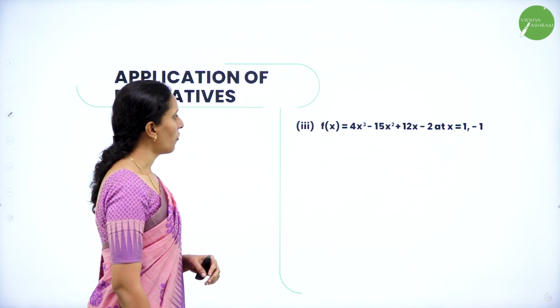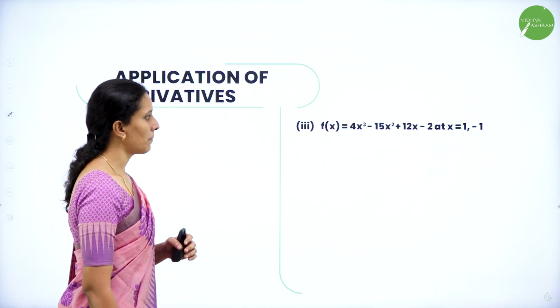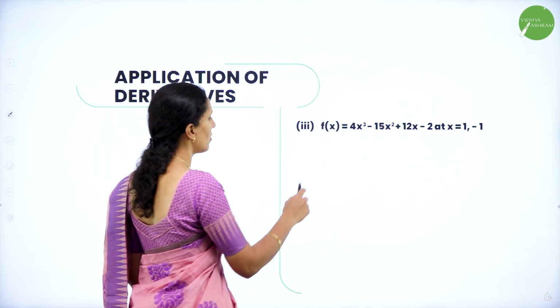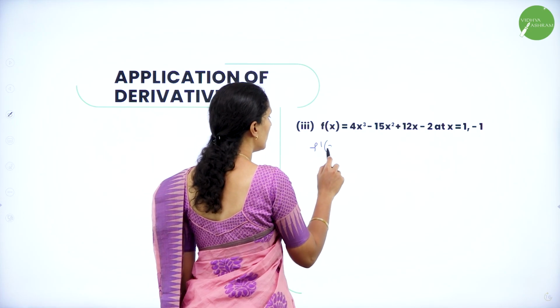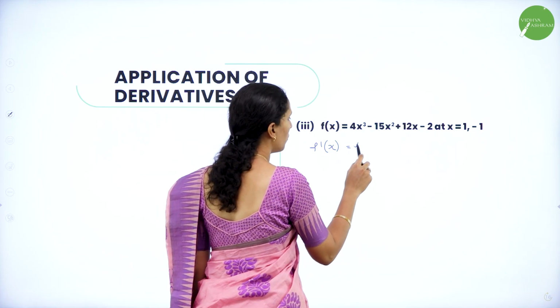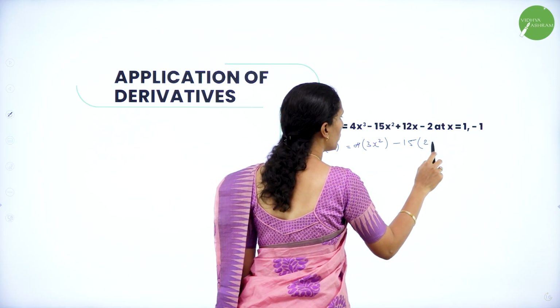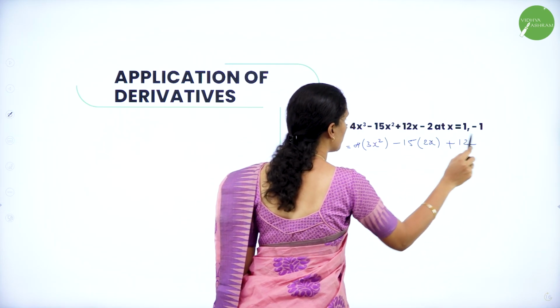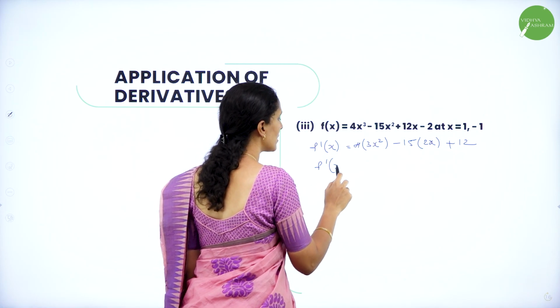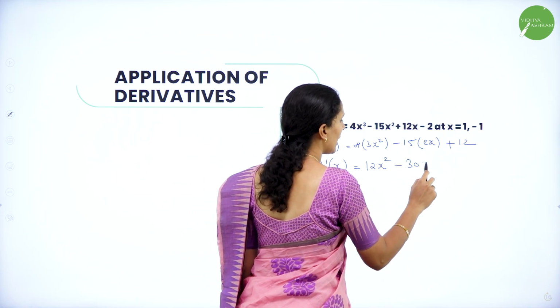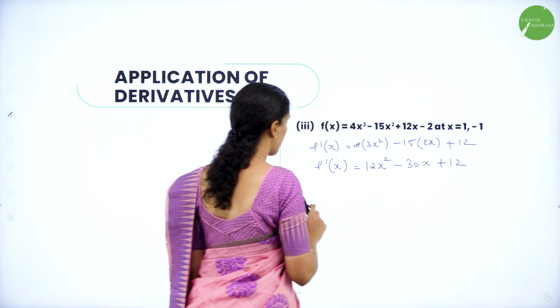Next we have 4x cube minus 15x square plus 12x minus 2 at x is equal to 1 and minus 1. So let's find out f dash of x. So 4 into 3x square minus 15 into 2x plus 12. f dash of x is equal to 12x square minus 30x plus 12.